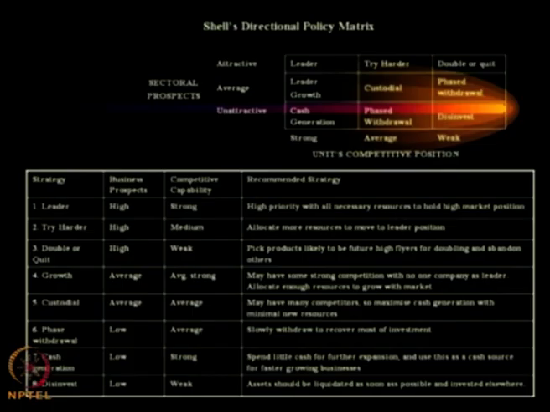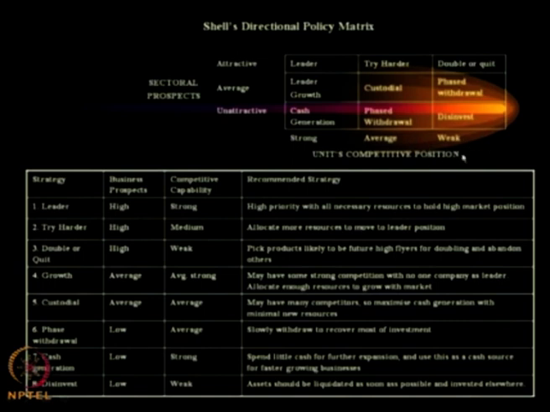So, this is the type of strategy that is advocated. Now, we looked at this cell already, same as the phased withdrawal, same for this weak position and the average sectoral prospects. Here the unit's competitive position is average, but the sectoral prospects are unattractive. So, the same phased withdrawal is advocated.